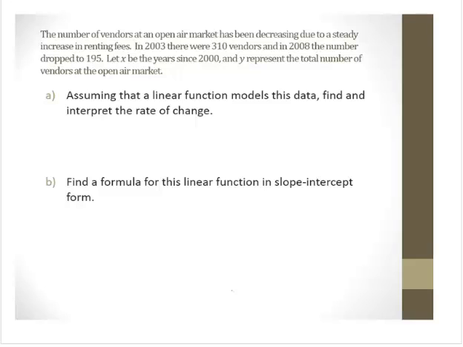So the first thing I'm going to do here is write some ordered pairs. Since x is the number of years since 2000, my first ordered pair would be 3, 310, because 2003 is 3 years after 2000. My second ordered pair would be 8, 195.